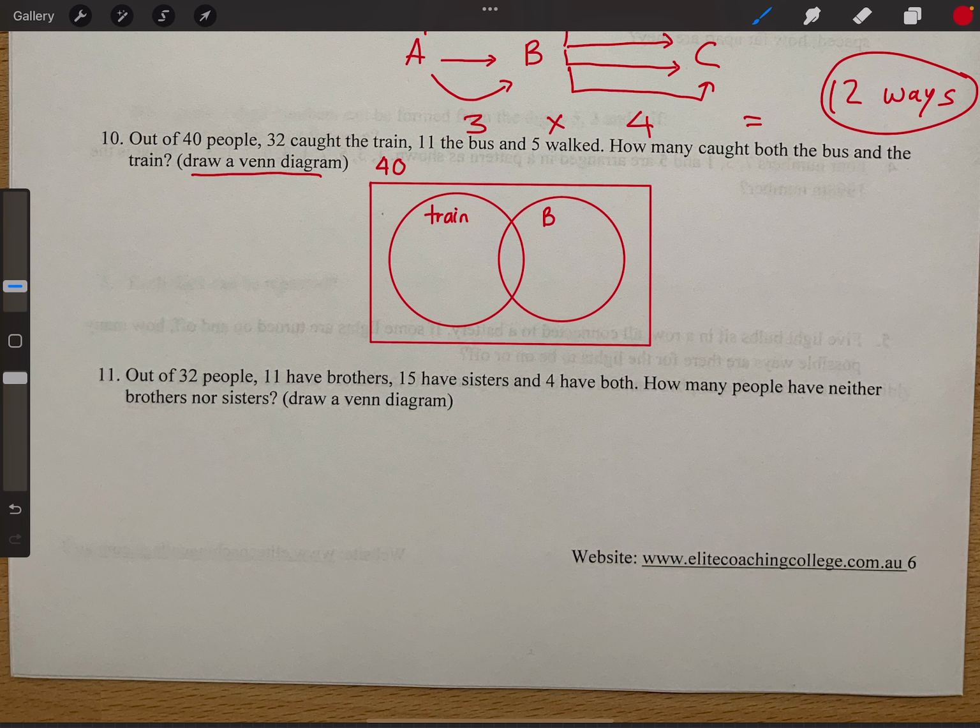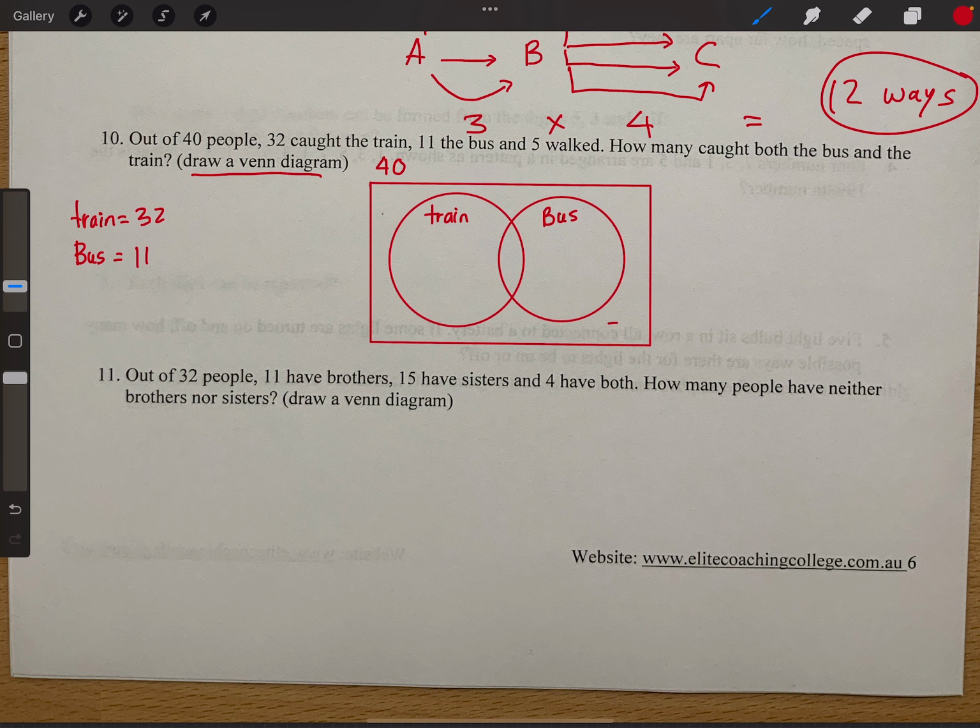And we have bus. So 32 caught the train. Okay. 11. So train by itself is 32. Bus equals 11. And 5 walked.